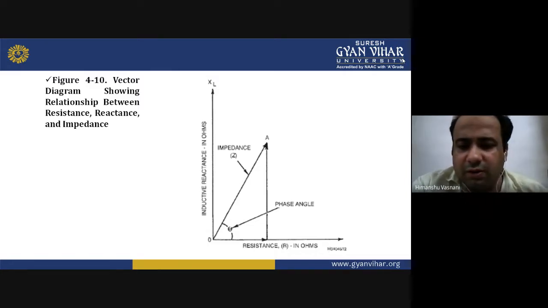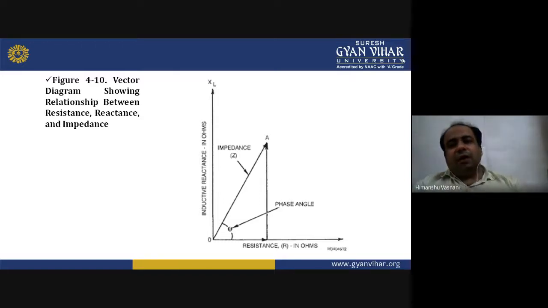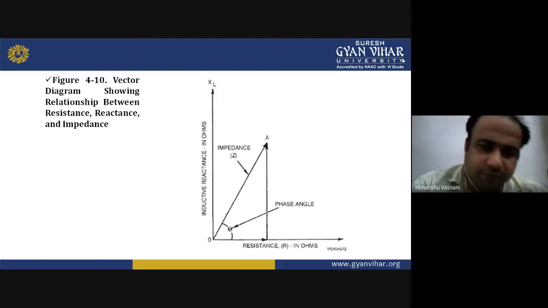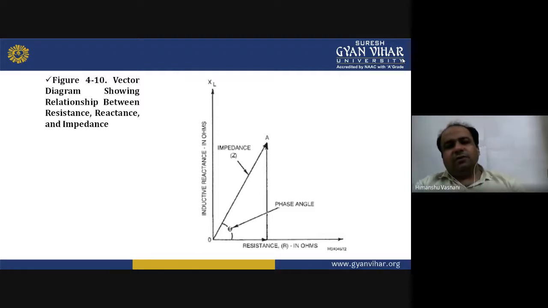On the horizontal axis you have resistance R in ohms, and on the vertical axis inductive reactance, also in ohms. A phase angle theta is shown, with the line OA showing the impedance Z.